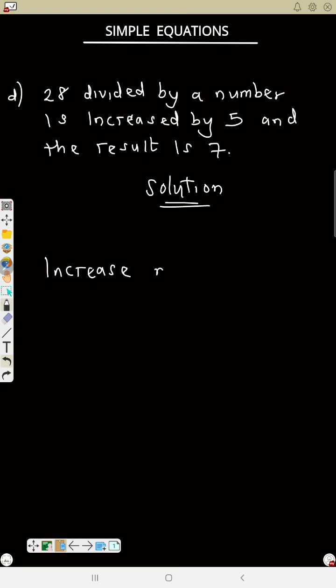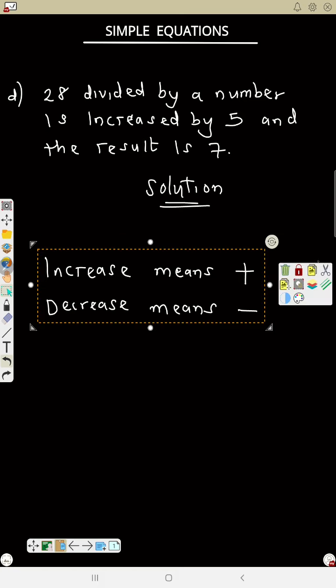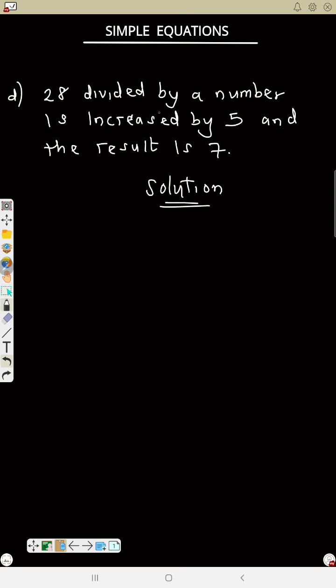Increase means plus, decrease means minus. So let's do it one by one. 28 divided by a number. Now I'll use a different alphabet. Let the number be y. So I told you, you can use any alphabet.